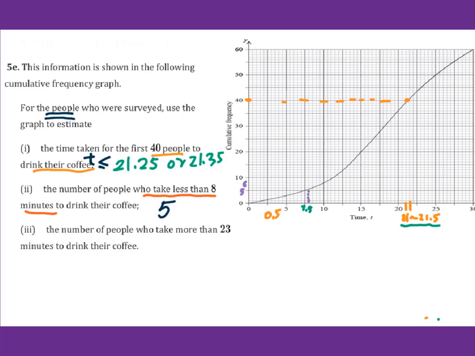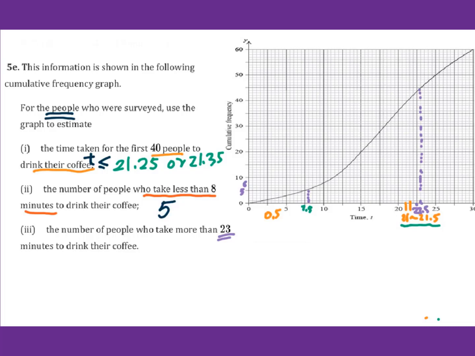Number 3, the number of people who take more than 23 minutes to drink their coffee. You will figure out 23. This is a 22.5. 23 will be here, this point, this line. And go here.